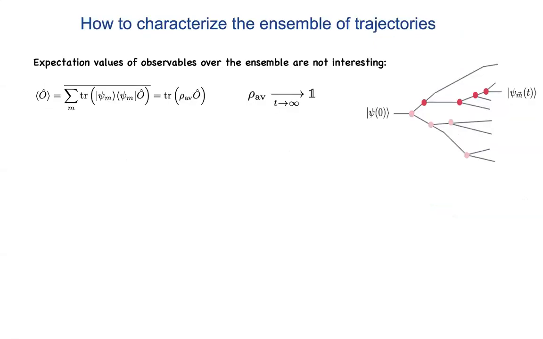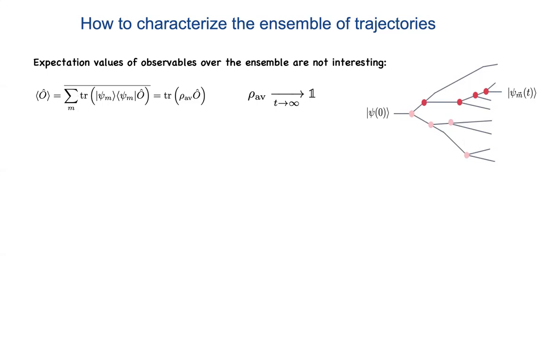That's the main takeaway. Now let me go into a bit more detail. How do we characterize the ensemble of trajectories? The easiest thing would be to measure expectation values of observables. The problem is that this means summing over all the possible measurement outcomes, or tracing over them.